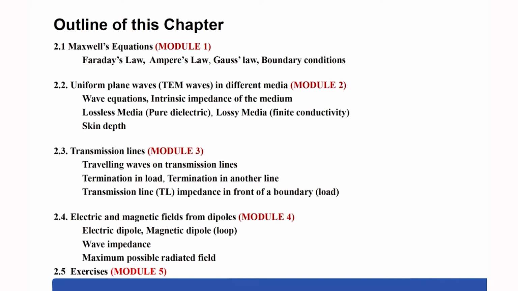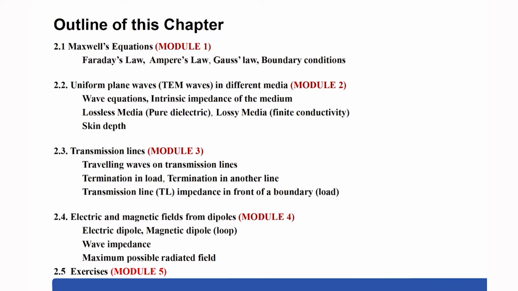In module 4, we will look into electric and magnetic fields from dipoles. We have cases in which component leads or tracks on a printed circuit board are causing electromagnetic disturbances. So we need to calculate how much will be emitted from this.